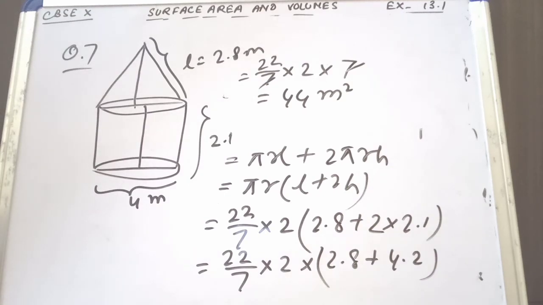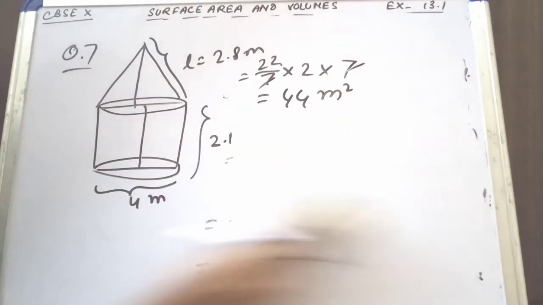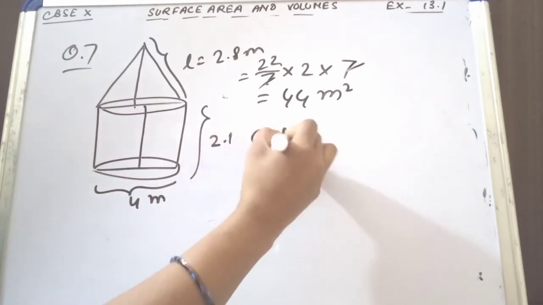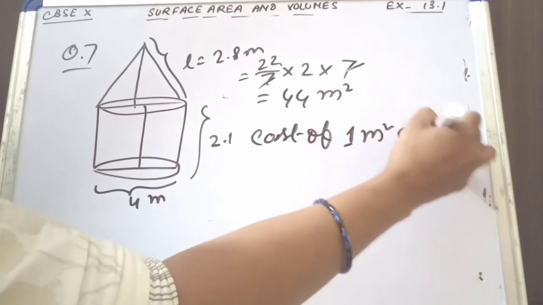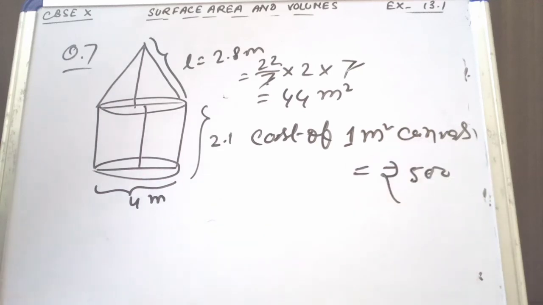Now the second part. Also find the cost of the canvas of the tent at the rate of 500 per meter square. That means the cost of 1 meter square canvas is equal to rupees 500.